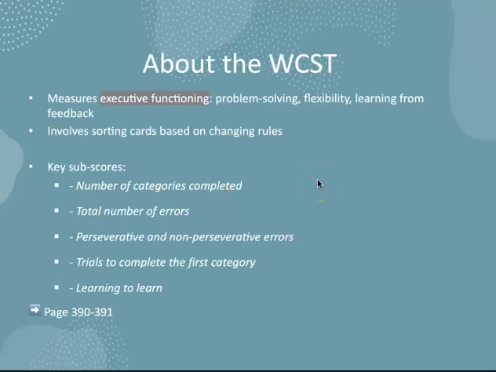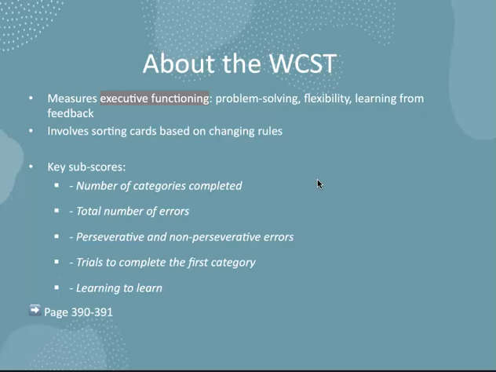So, what is the WCST and what is a test? Start reading from page 390, paragraph 2 to page 391. So it says the WCST consists of 4 stimulus cards and 128 response cards. No 2 response cards are ever alike.